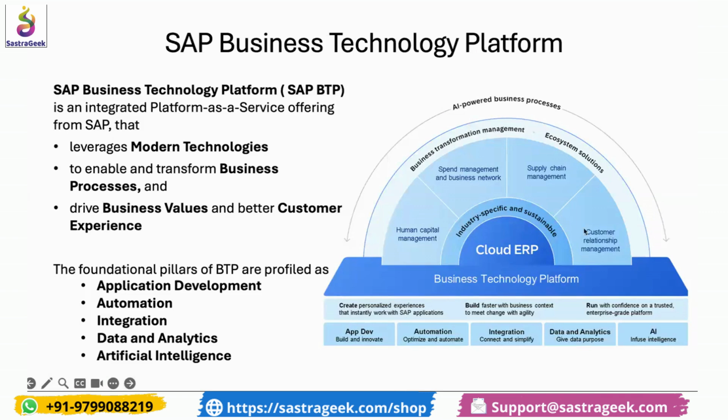So, just looking at this diagram, you can see BTP, the foundation is the five pillars that we mentioned over here. And on top of it, we have the lines of business, the HR, logistics, CX, all of that. And you can also have the SaaS solutions integrated upon it, and you can also extend the solutions with your customizations, whatever you need.